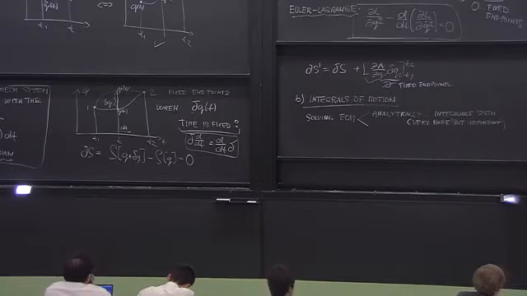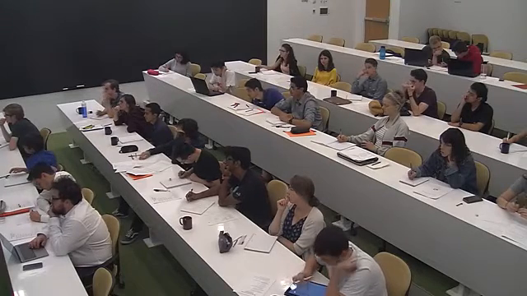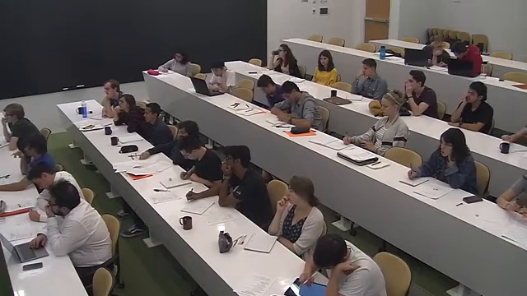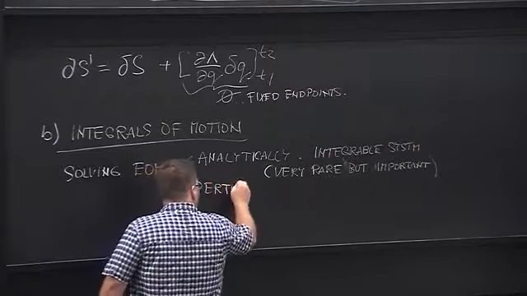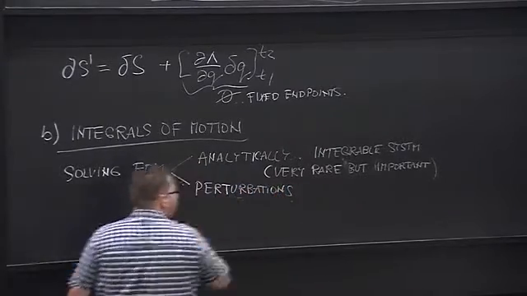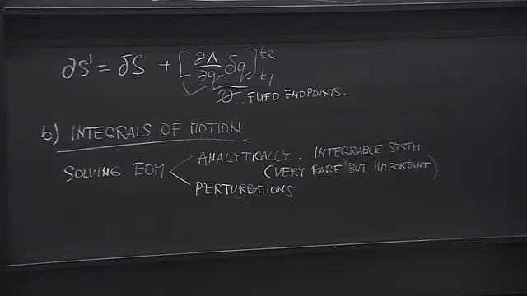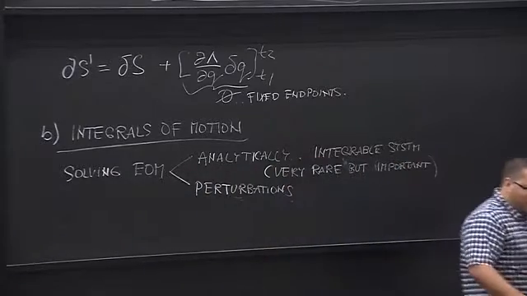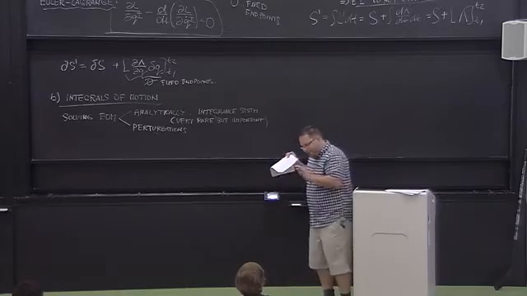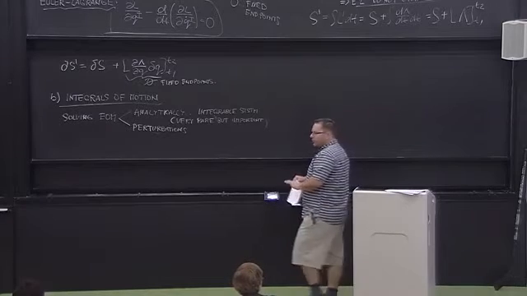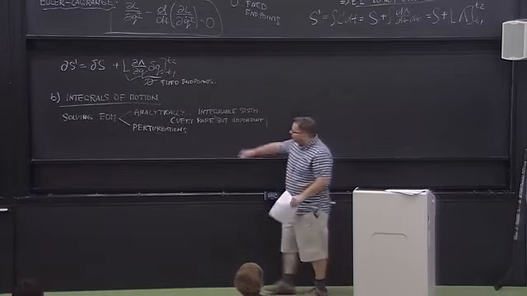But what you can still do is, if this correction is small, you can do perturbations around your analytic solution. Because you can do perturbation theory around something which you know, that's why integrable systems are so interesting. If you perturb them a little bit, you lose the integrability, but you can still actually predict something.